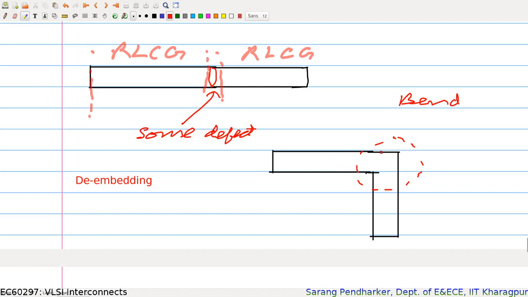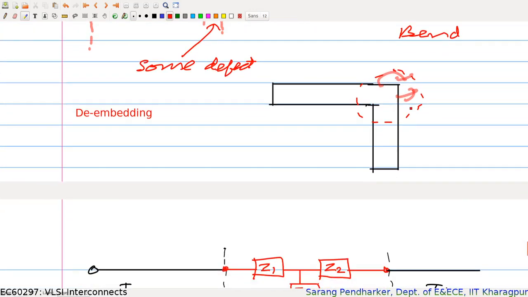So with bend there will be some additional fringing fields, and then there might be some different flux linking, and so there might be something else going on at this point.